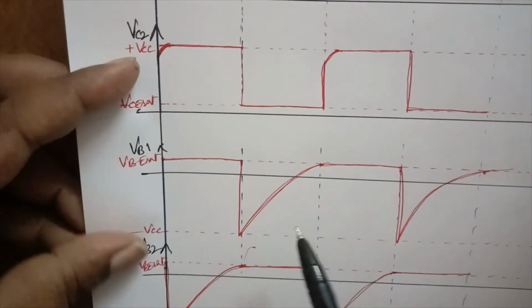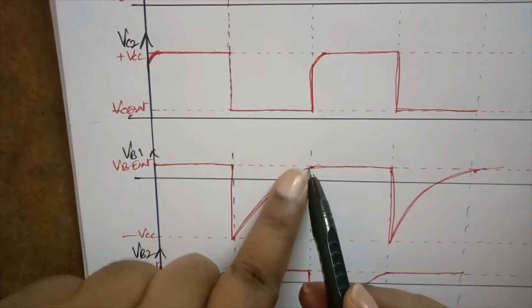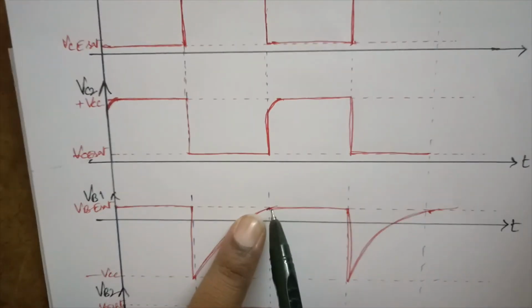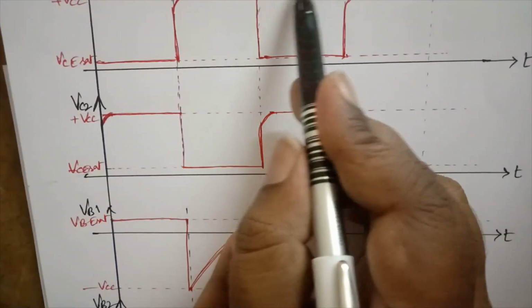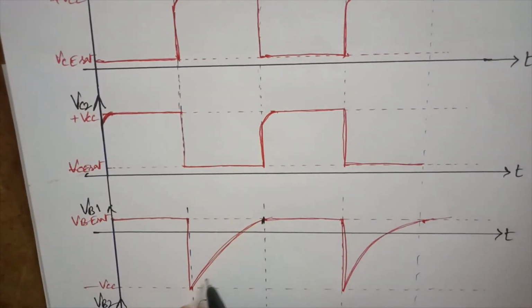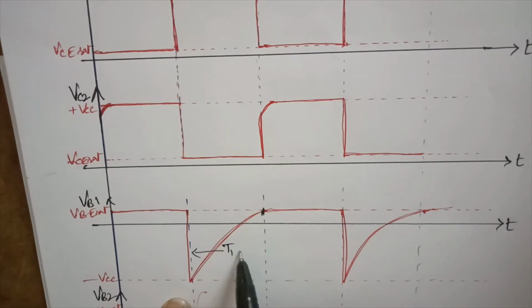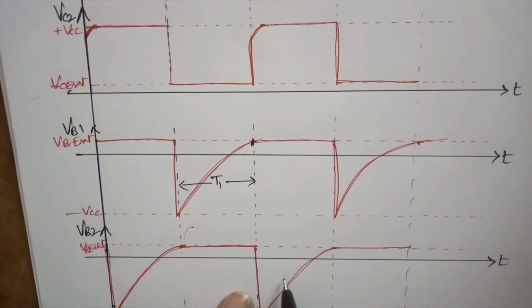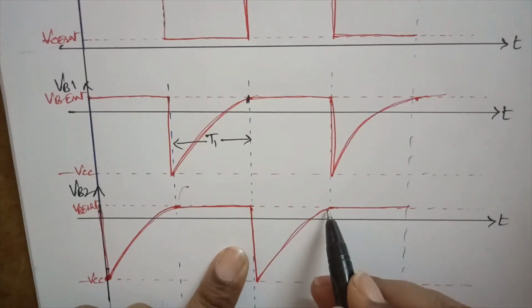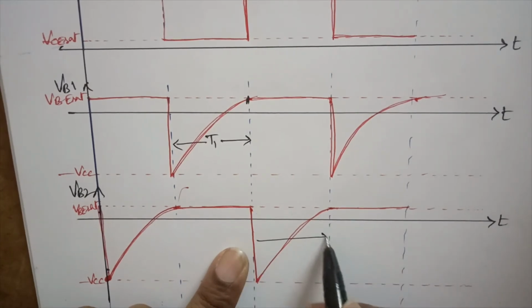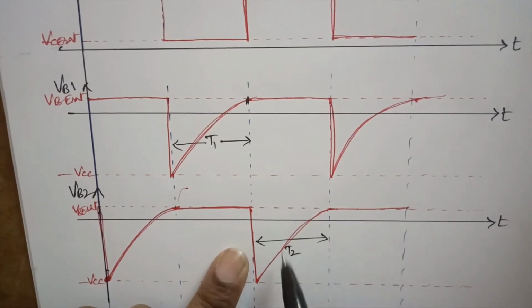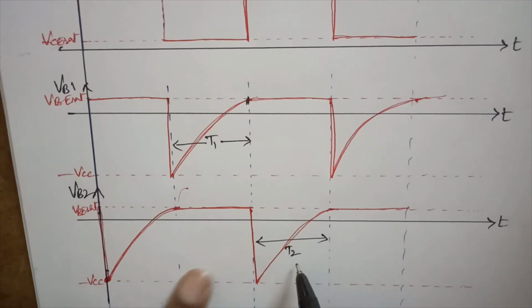This point turns on Q1, so this is the duration T1. I write it as T1. And this turns on Q2, so this is the duration T2. So what are T1 and T2?